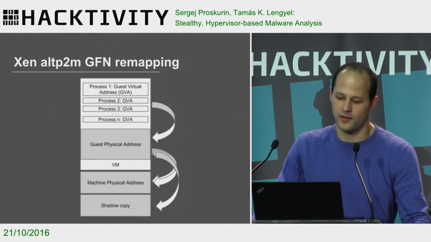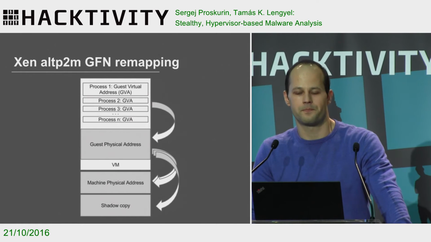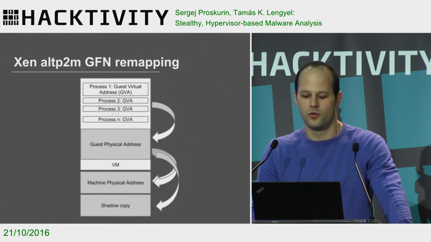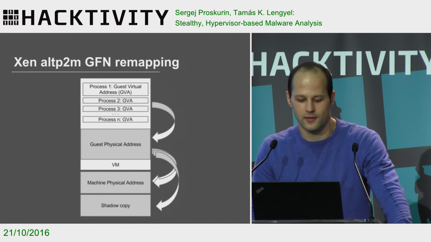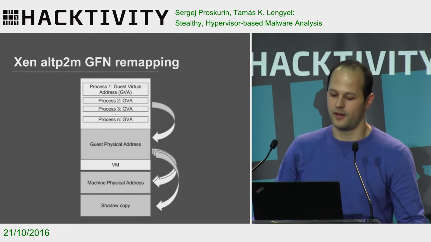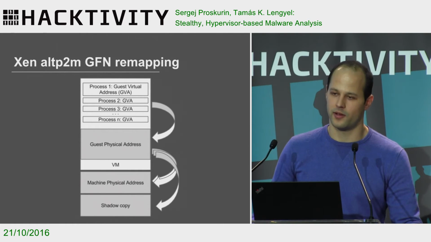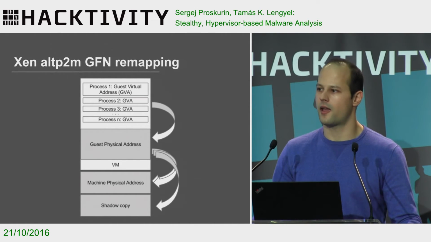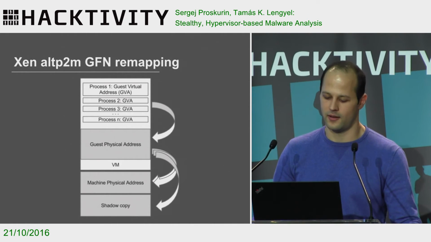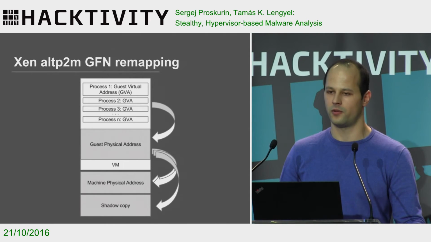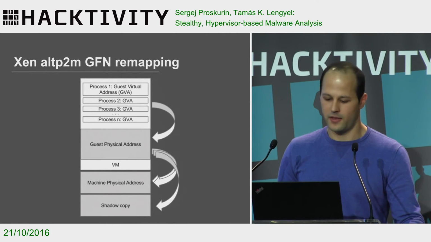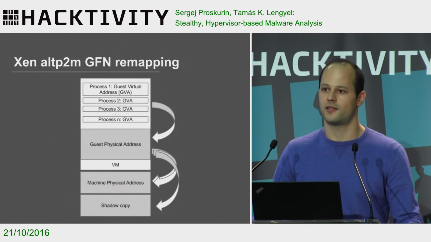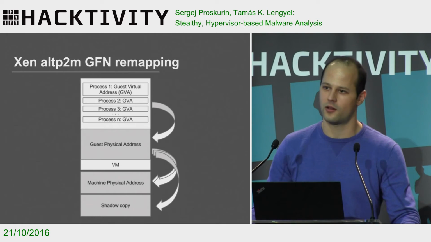Now by using this GFN remapping feature, we allow, for example, one specific view, this EPT, to remap this specific guest physical address to point to an entirely different address, which is here illustrated as the shadow copy. So it is not pointing to the original machine physical address anymore. At this point, I would like to hand back the pulse to Tamás as he can explain how this feature can be used within the context of DrugProof.